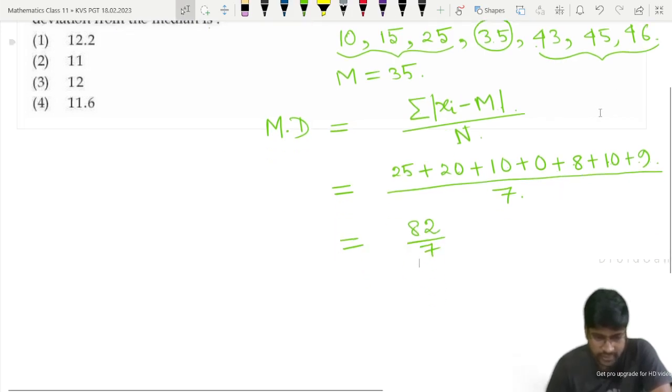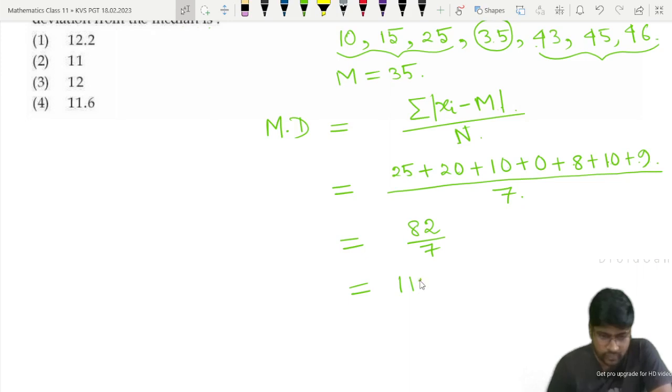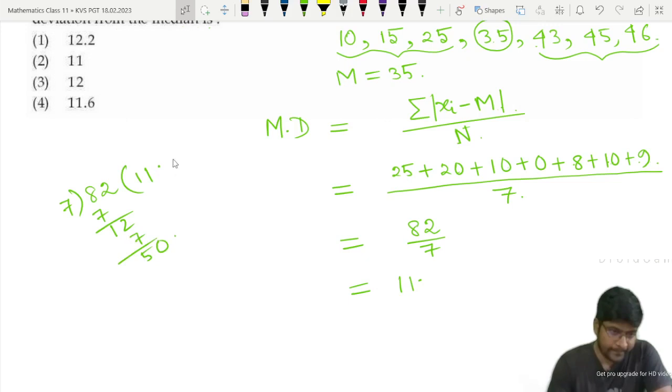Now if you convert it into decimal form, what we will get? Approximately 11.7.